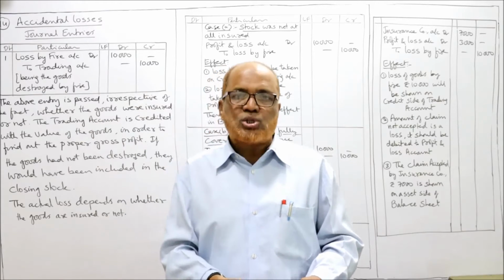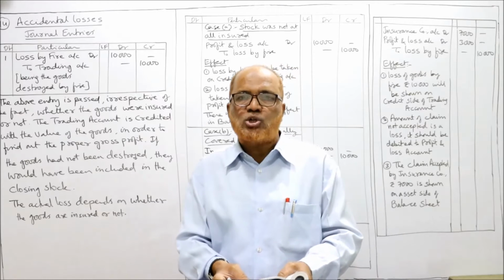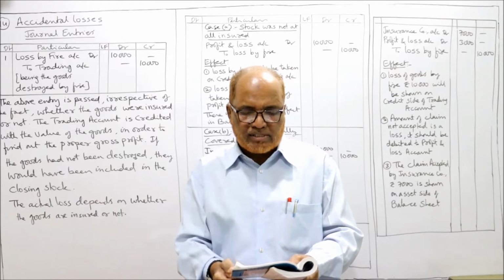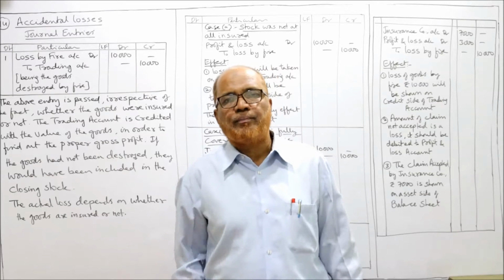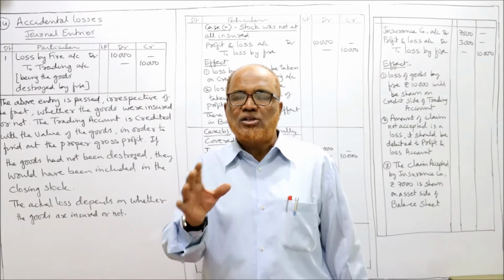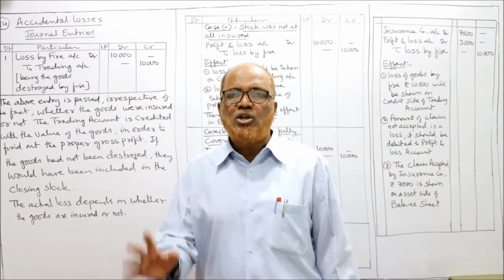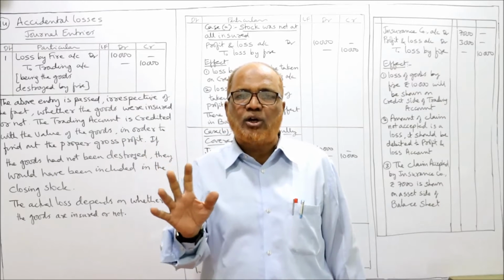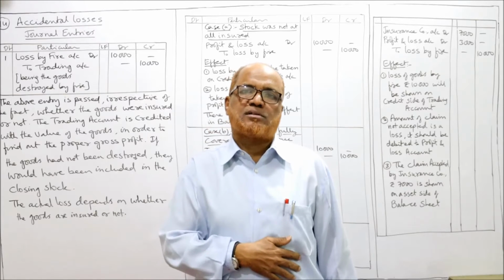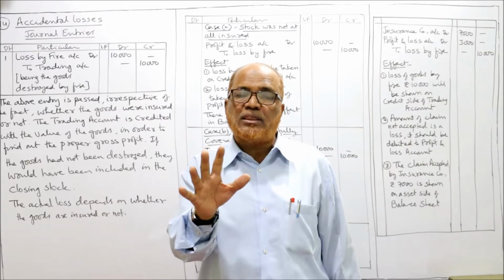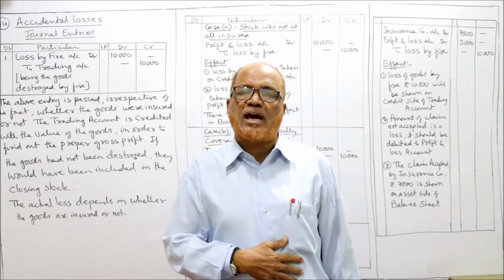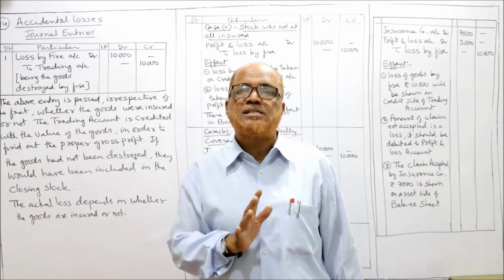Third one, stock was partly covered by insurance and the claim of 7,000 rupees was accepted by the insurance company. The stock was not fully covered by insurance, only partly. The insurance company has agreed to pay only 7,000 rupees. Actual loss of stock is 10,000, but the insurance company has agreed to pay only 7,000.